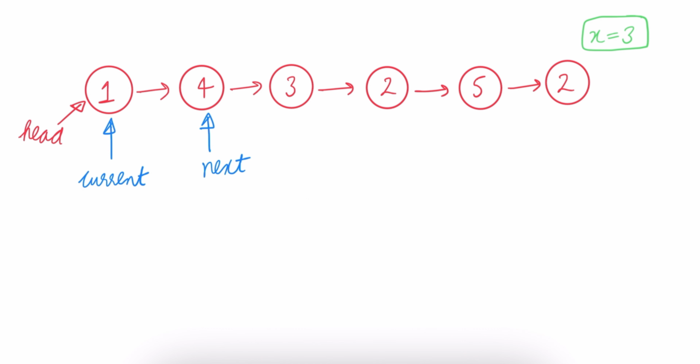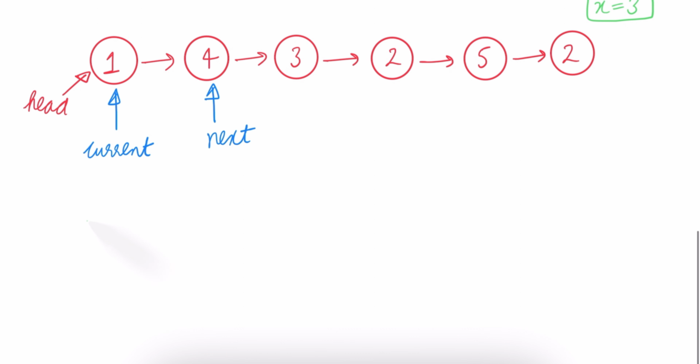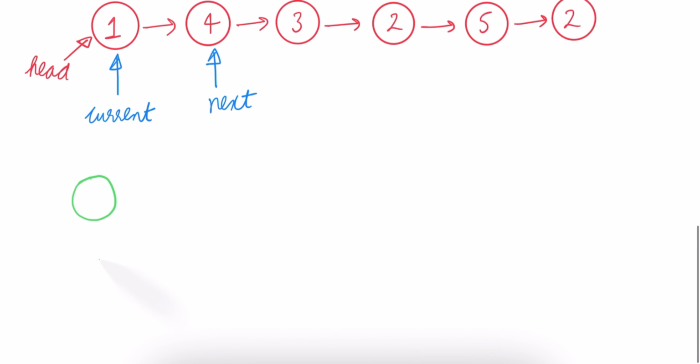When I'm iterating over the linked list, I can maintain two separate lists. The first is the smaller list, which has nodes less than x, and the second is going to have the nodes with values greater than or equal to x. So I can initially create dummy nodes for my smaller and bigger lists.